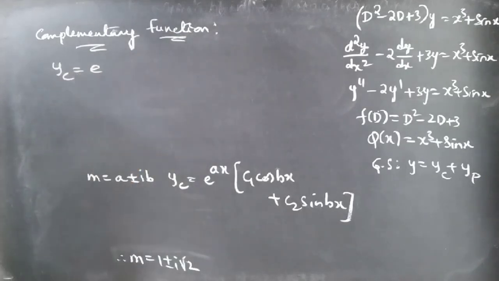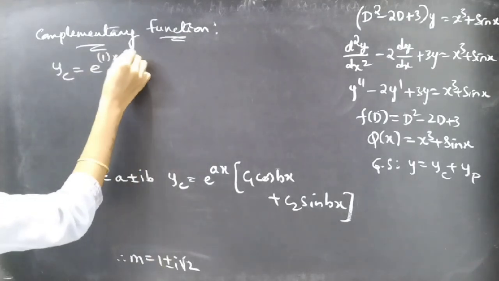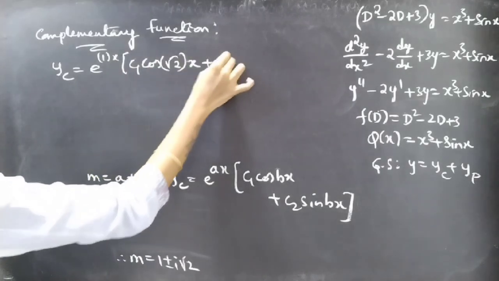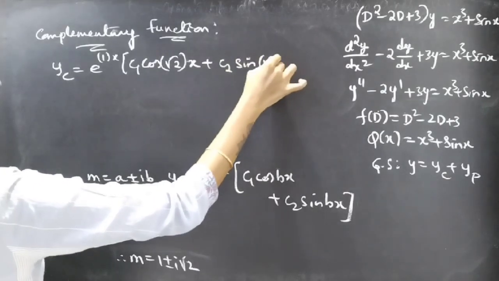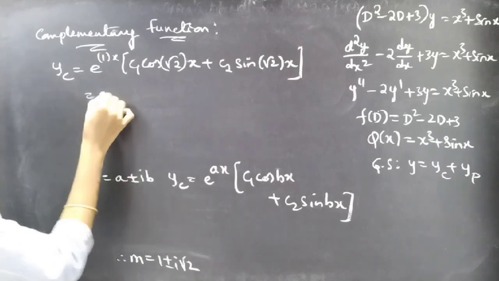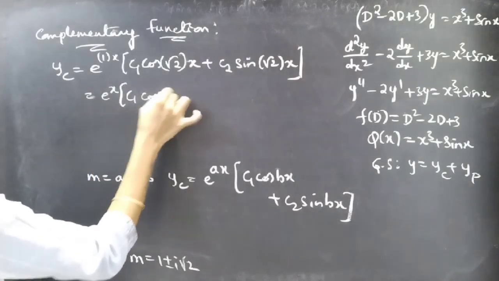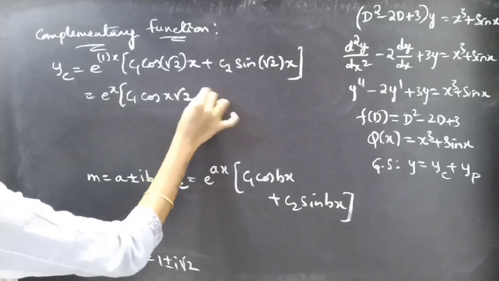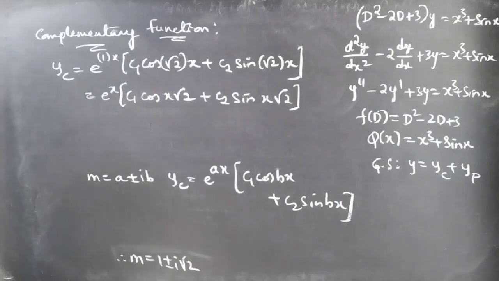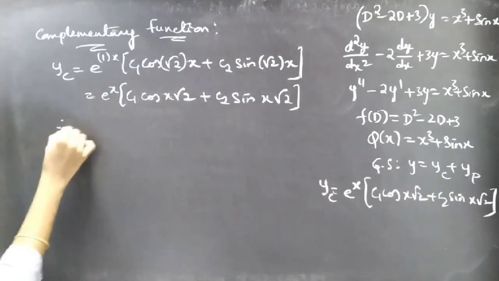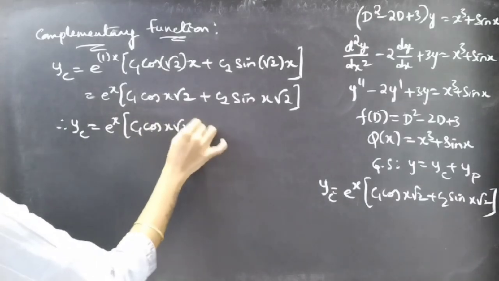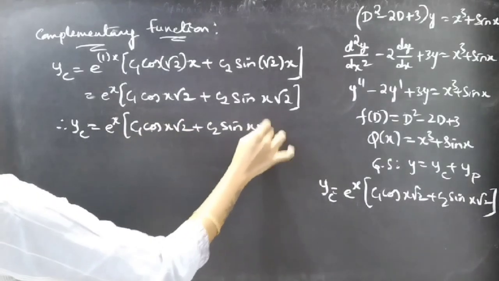For a = 1 and b = √2, y = e^x (c1 cos √2 x + c2 sin √2 x). Therefore, yc = e^x (c1 cos √2 x + c2 sin √2 x).